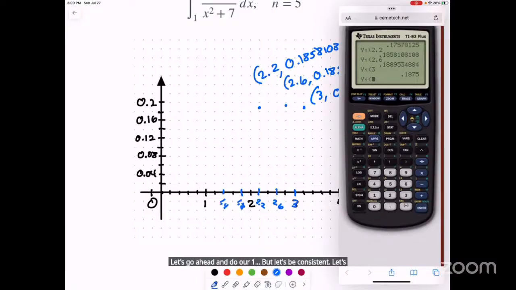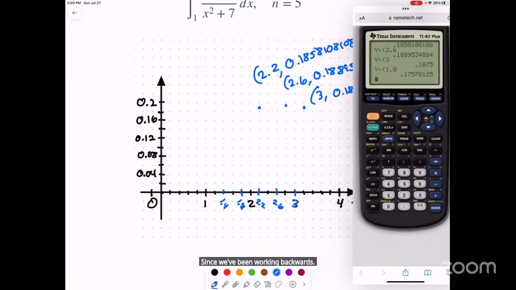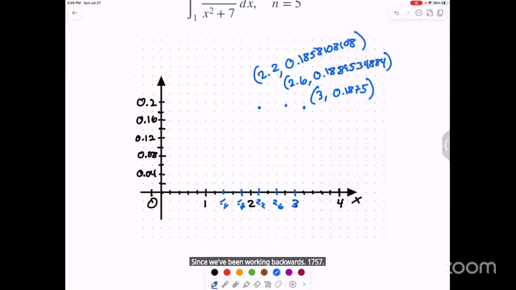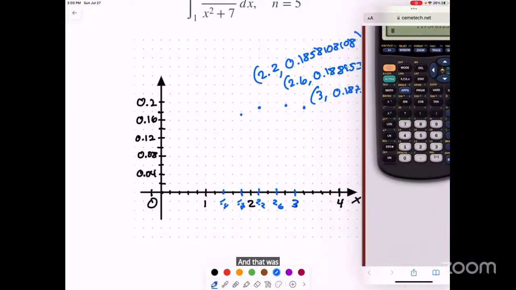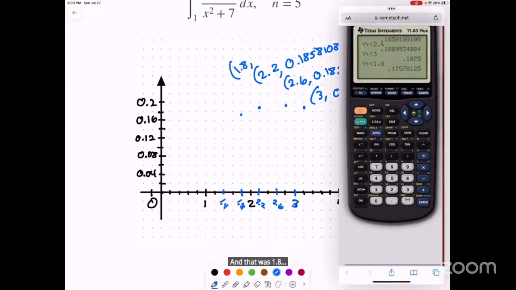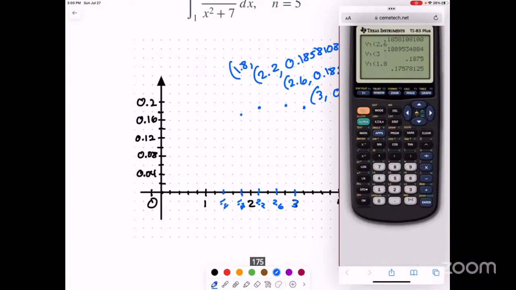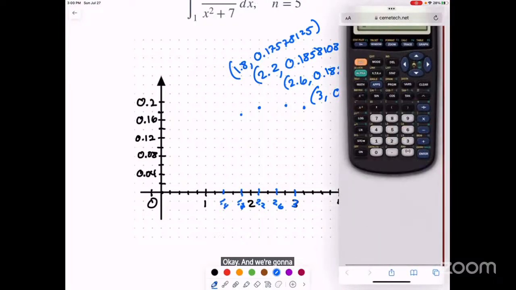Let's go ahead and do our 1.8 since we've been working backwards. 0.1757. 16, 18, 0.1757 is about here. And that was 1.8. 0.1757, 8125. Okay.